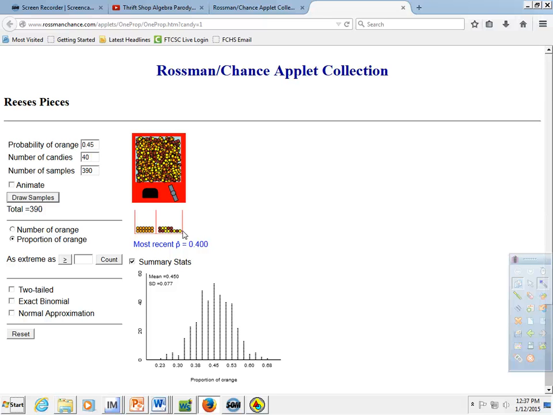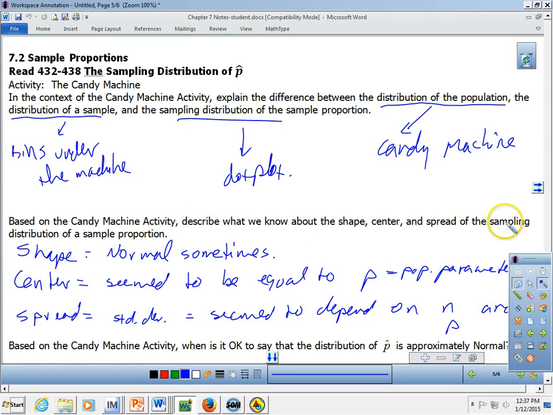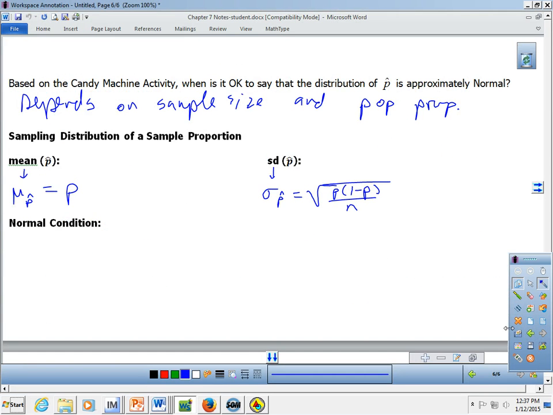We know how many candies we're going to pull out. The way that the applet's sitting right now, we know we're going to pull out 40 candies. So the sample size is set. This all should start to sound kind of familiar. Well, taking a sample and calculating the proportion of successes is a bit of a binomial variable situation.